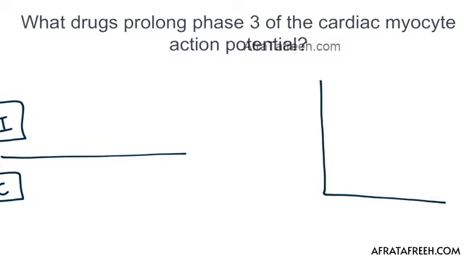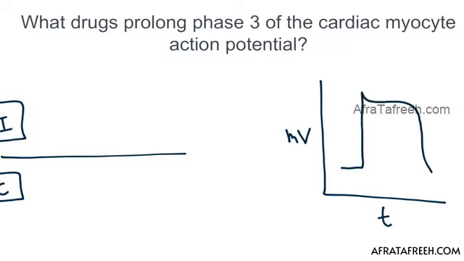This is the graph again with millivolts in the y-axis and time in the x-axis. I'll also draw a normal cardiac myocyte action potential here. Again, the three ions are sodium, potassium, and calcium.